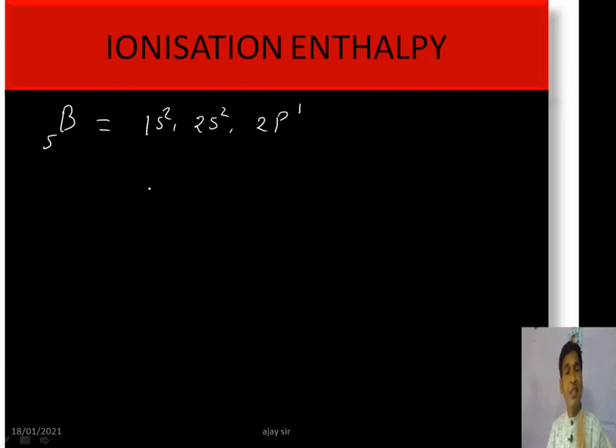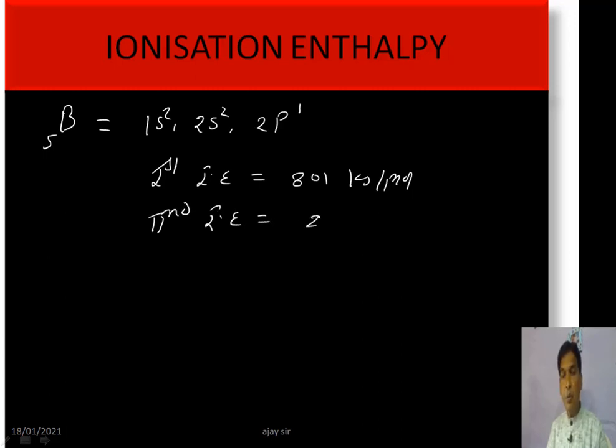So boron generally forms covalent compounds. The first ionization enthalpy of boron is 801 kilojoule per mole, boron to monovalent ion. The second ionization enthalpy of boron is 2427 kilojoule per mole, and the third ionization enthalpy of boron is 3659 kilojoule per mole.